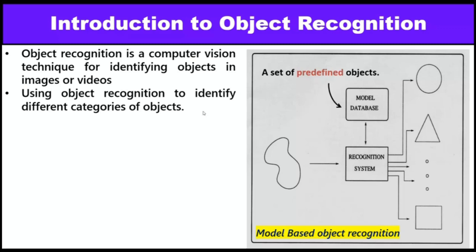In this particular process, a set of predefined objects are there. In a robotic task, we already know which objects are there. For instance, let us consider that there is a conveyor belt and a robot manipulator is working on the conveyor belt.